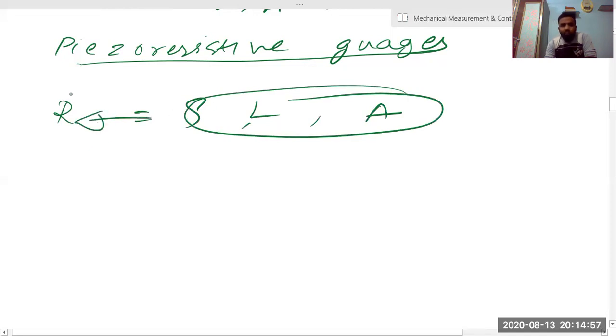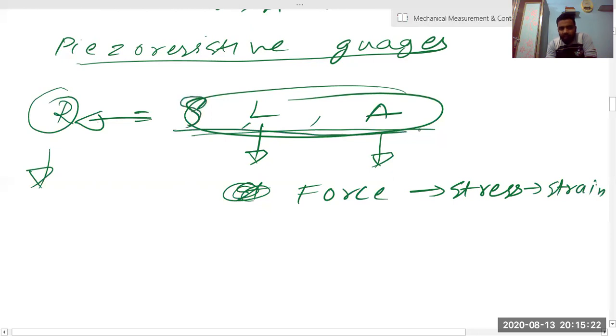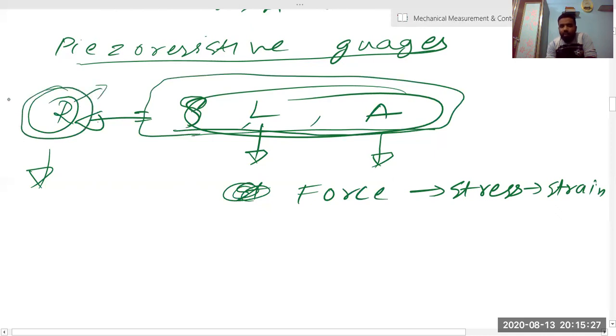Since L and A are changing due to the strain induced, since we are applying some force, there is some stress induced, and due to the stress there is a change in dimension, due to which strain is induced. So these three factors are changing due to the contribution of strain, which is changing the resistance of the wire.